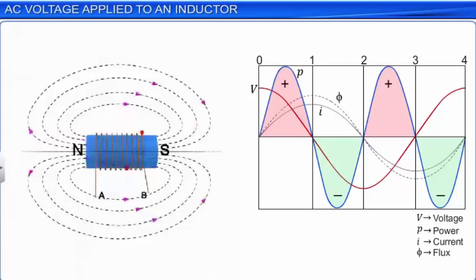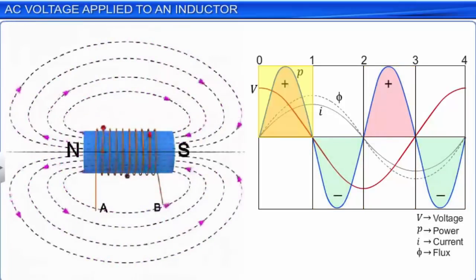As shown in the graph, we will study the magnetization of the inductor in the 4 periods marked in the graph as 0-1, 1-2, 2-3, and 3-4 respectively for one complete cycle of voltage or current. In the first time interval 0-1, the value of the current keeps rising from 0 and reaches its peak value at 1/4 of its time period.